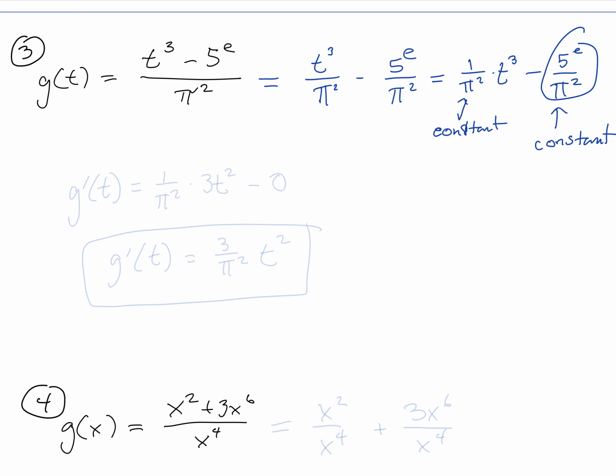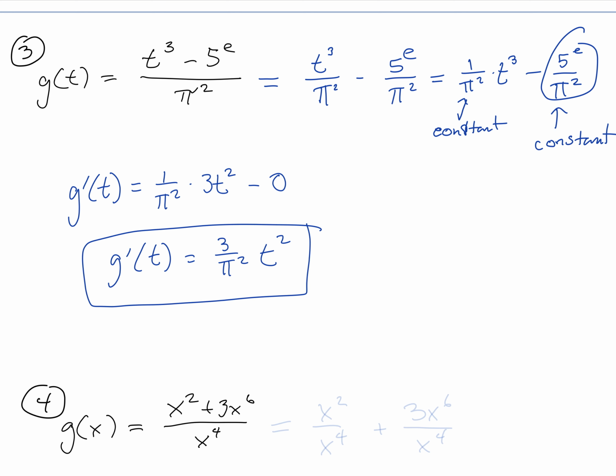And so we can just use the power rule and the constant multiple rule to take its derivative. g prime of t is equal to 1 over pi squared, constant multiple rule, times the derivative of t to the third, that's 3t squared, minus derivative of a constant is just 0, and so g prime of t is just 3 over pi squared times t squared. So that is our derivative. So we do not need the quotient rule. If you did use the quotient rule and you employed it correctly, then you would still get the same answer once you reduced.